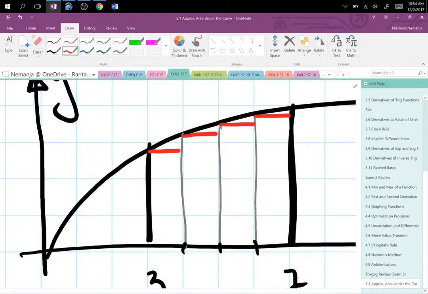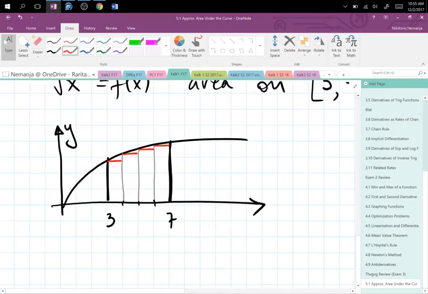Sometimes it's specified to use left-hand sums, which means your rectangles should emerge from each of the left points, because the left point is touching the curve. You make that choice on your own if it's not specified. If it is specified, you obviously use what's specified. So I had the choice and I chose the left ones, doesn't matter.